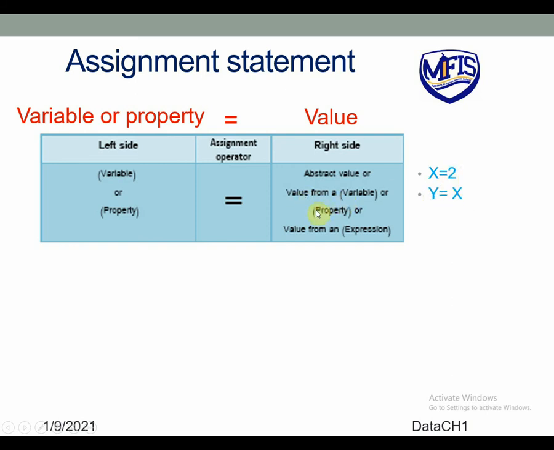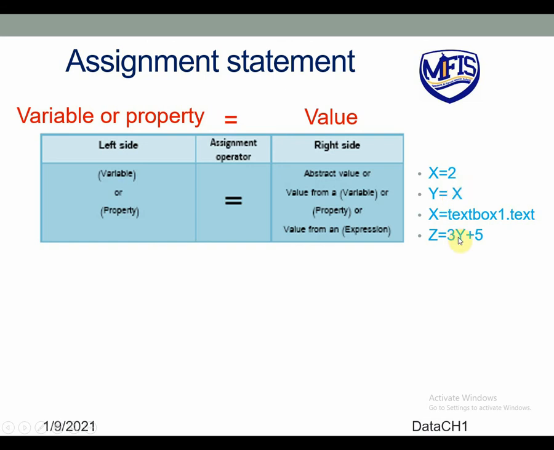Or the value could be taken from a property, x equal text box 1 dot text. This is a property called text, and we will take the value from the text box and will be stored in the variable x. Or value from an expression, for example, z equals 3y plus 5, and as we said, y is equal x, which is 2.